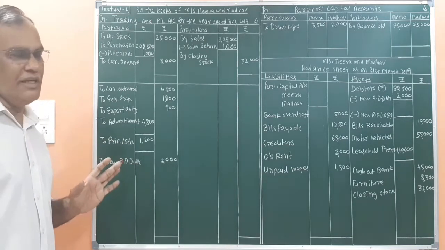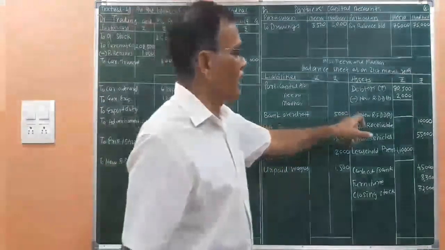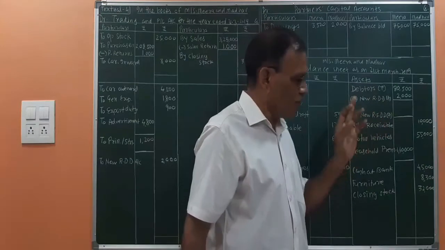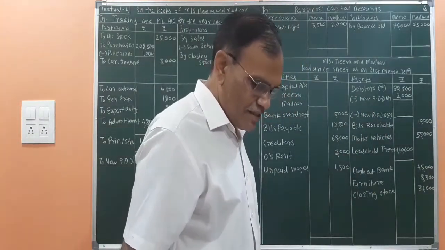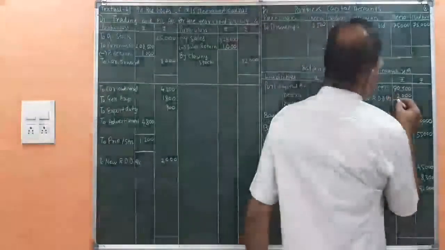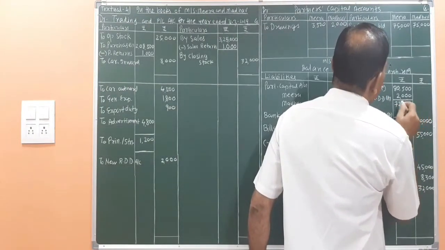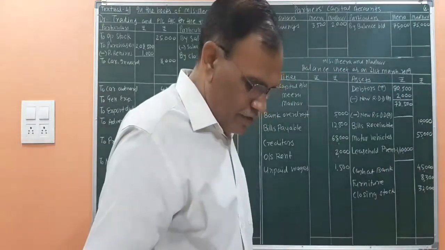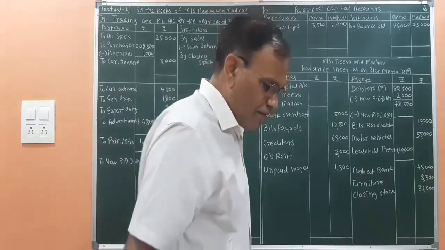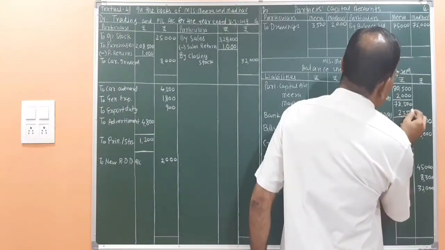NRFDD, that is a short form. And here I have written new RFDD, that is a short form. How am I going to calculate? 3% of 78,500 is equal to 2,355.